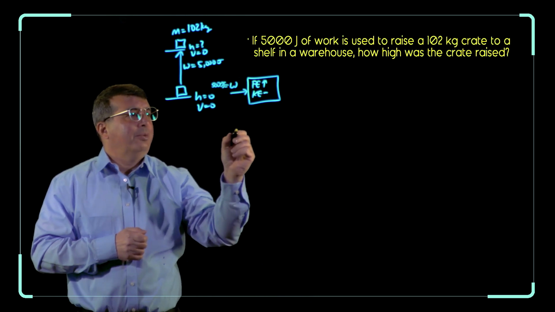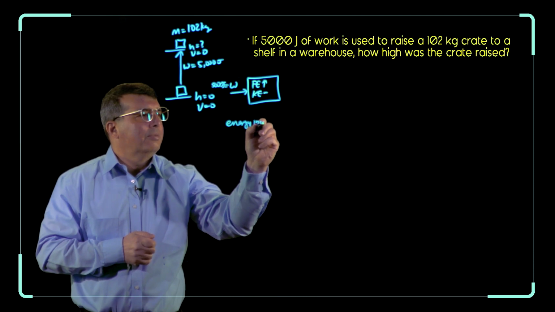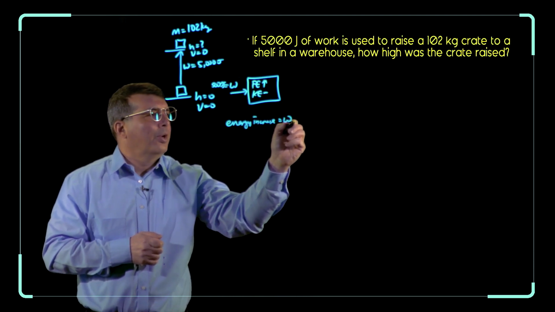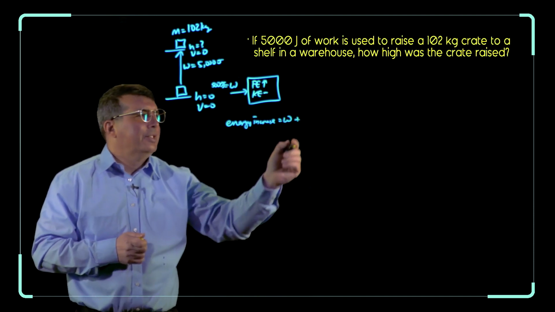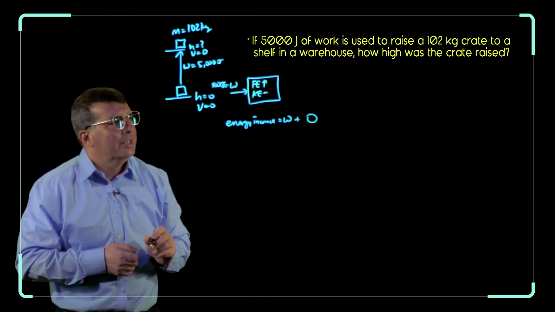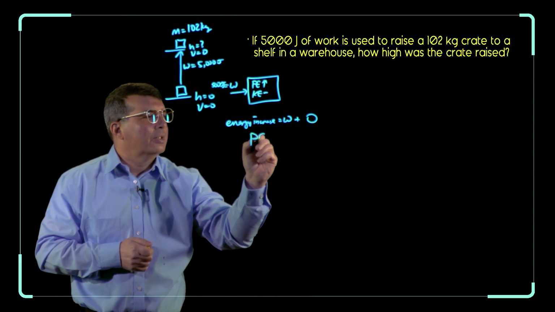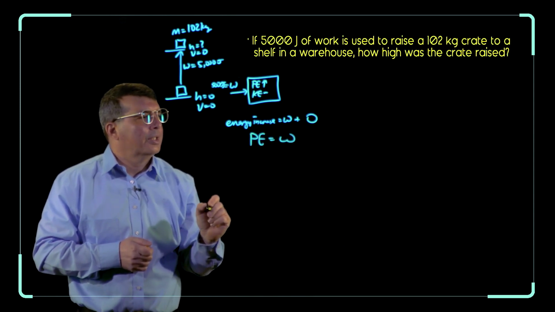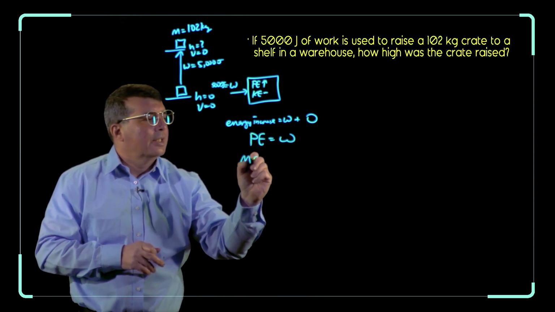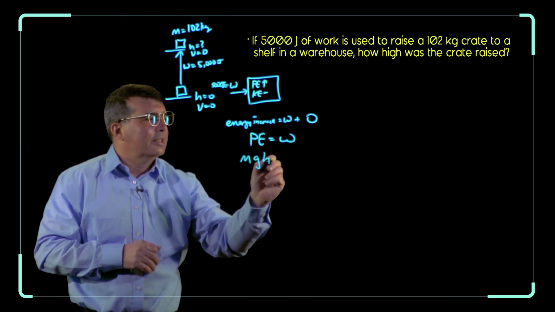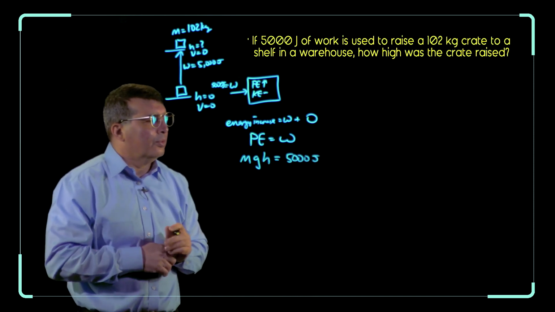Okay, energy principle: energy increase is equal to the work plus the energy decrease. Nothing's decreasing, so I'm going to put 0 for that. The energy increase is potential energy, so potential energy is equal to the work. Now I have something for either of these. Potential energy is mass times g times height, and the work is 5,000 joules.